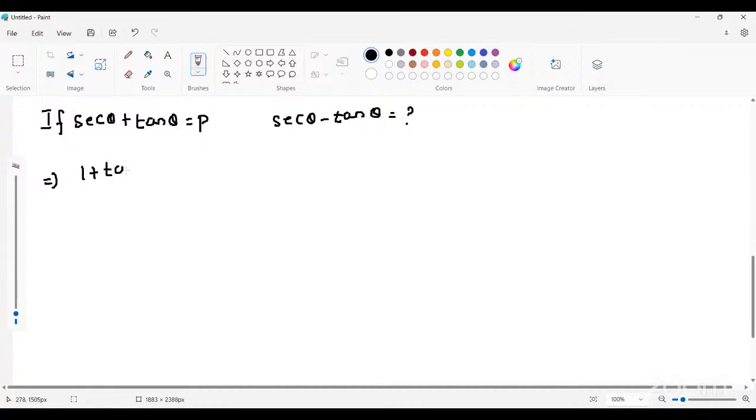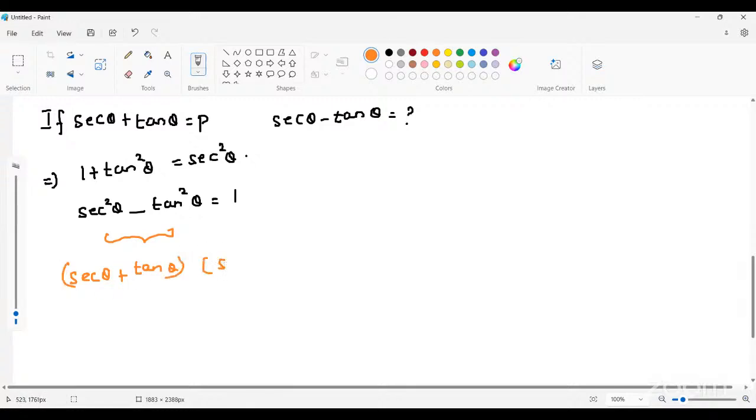So we know that 1 plus tan square theta is equal to secant square theta. So secant square theta minus tan square theta is equal to 1. This is in the form of a square minus b square, which is a plus b into a minus b, which is 1.